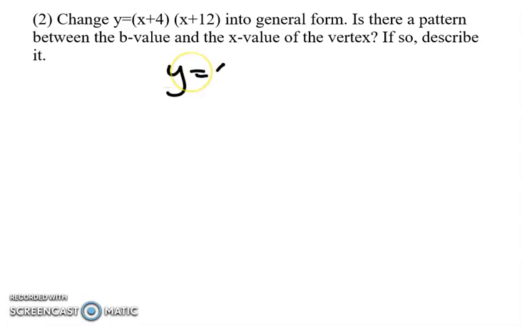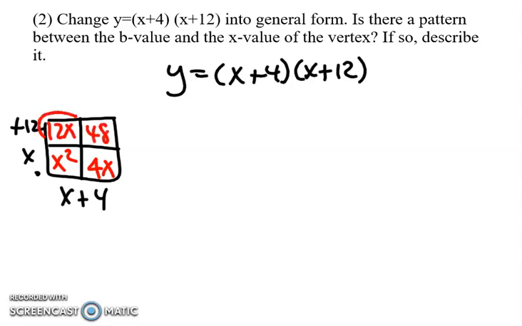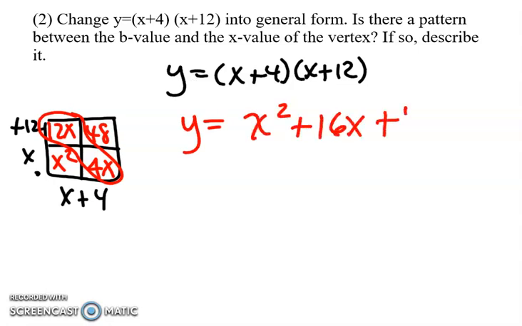All right, so for the first one, to multiply this goes back to our generic rectangles. So x plus 4 times x plus 12. So we have 4 answers, 1 pair of like terms. So x times x is x squared, x times 4 is 4x, 12 times x is 12x, and 12 times 4 is 48. And we do have a pair of like terms, so in general form it's y equals x squared plus 16x plus 48.